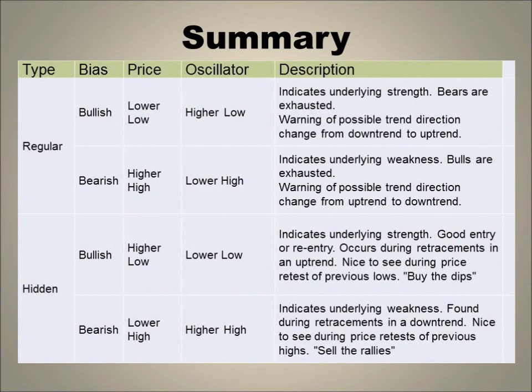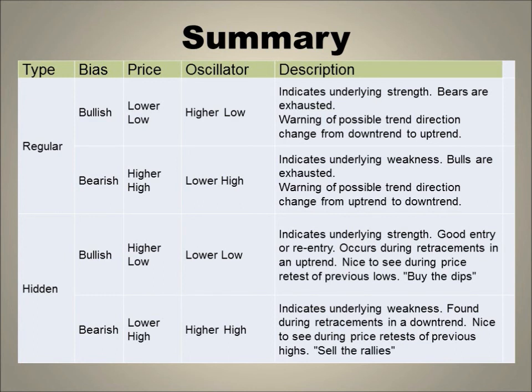So here's what we've learned so far about divergence trading. Now remember, there are 2 types of divergences, regular and hidden. So on a regular divergence, if the lows are going lower on the price, and on the oscillator, the lows are getting higher, that is a bullish signal.